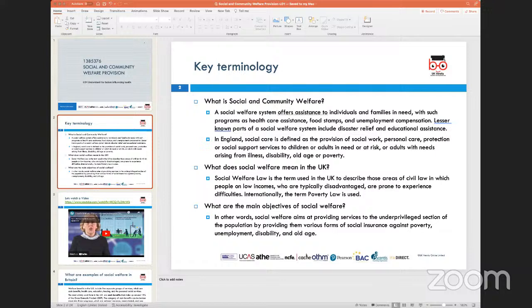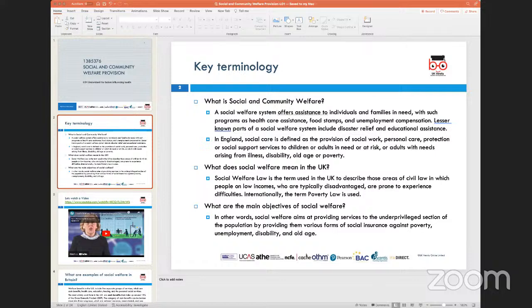When we talk about these provisions in terms of how the services are delivered, we refer to them with a collective term, which is called social and welfare community provision. This would cumulatively refer to programs, policies and services implemented by government, semi-government or other organizations, which look at enhancing the well-being of individuals and communities within a society.